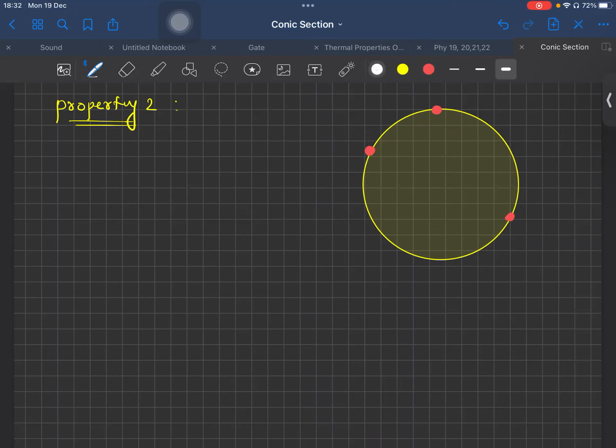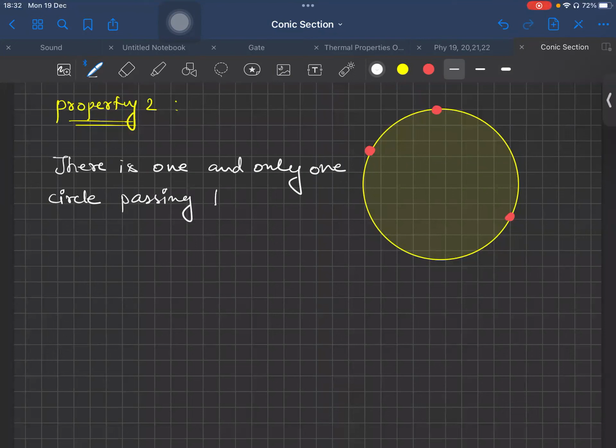First write down: there is one and only one circle passing through 3 non-collinear points.